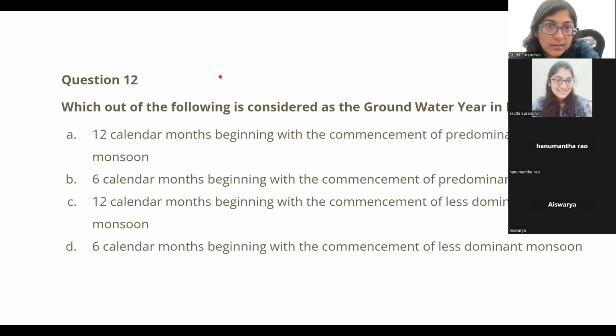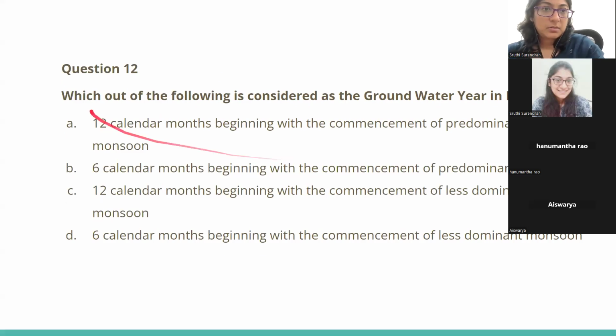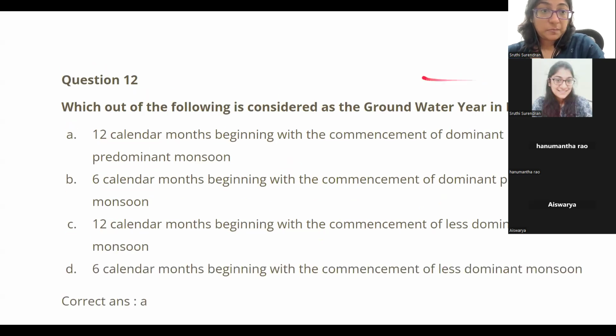No answers? Okay, it is option A: 12 calendar months beginning with the commencement of the dominant, or predominant, monsoon.